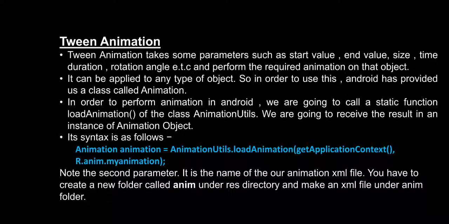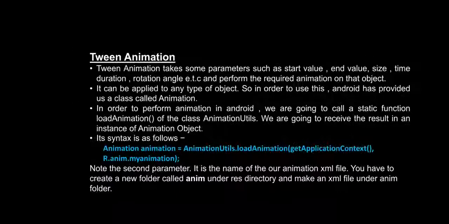This is the second parameter, R.anim.my_animation. It is the name of our animation XML file. You have to create a new folder called anim under the res directory and make an XML file under this anim folder.